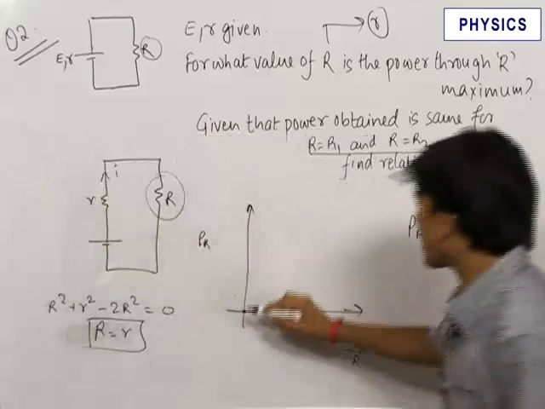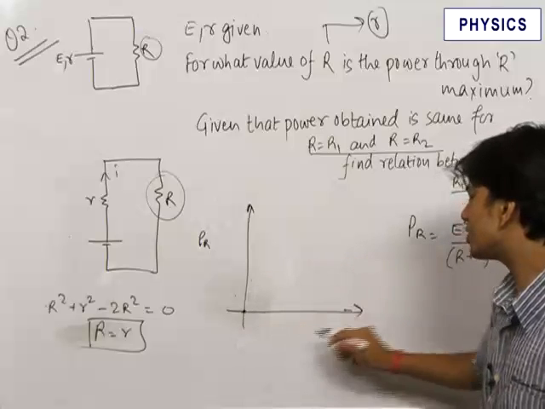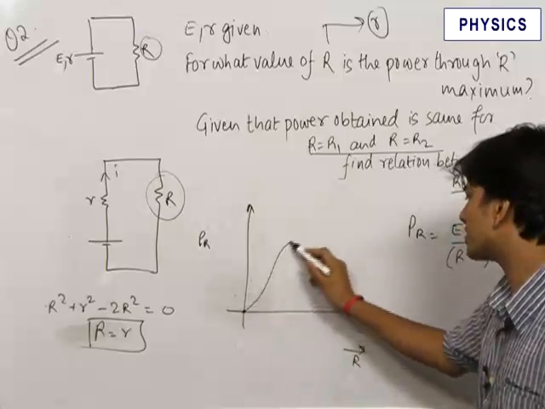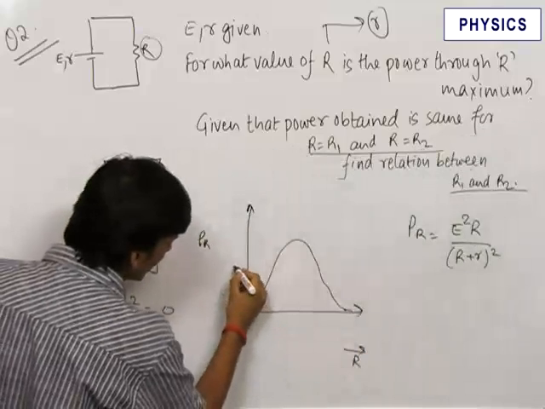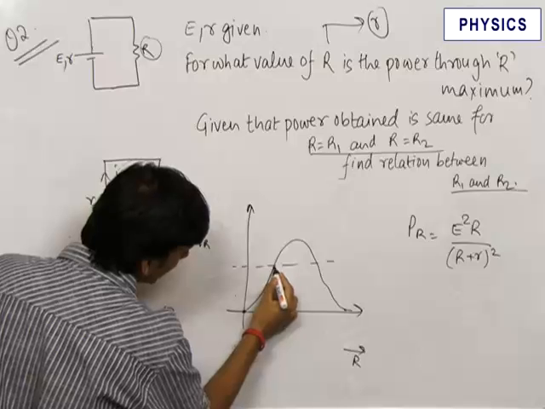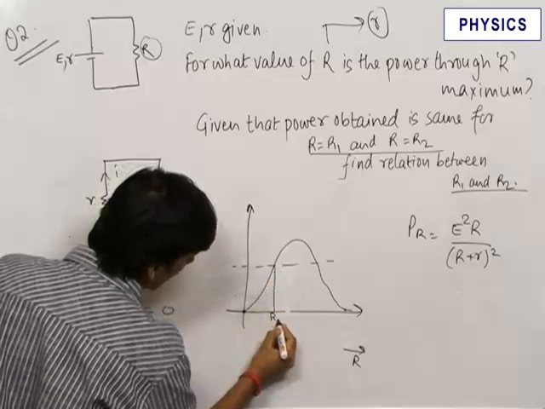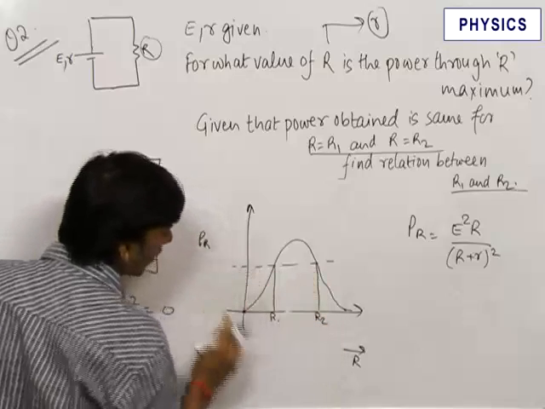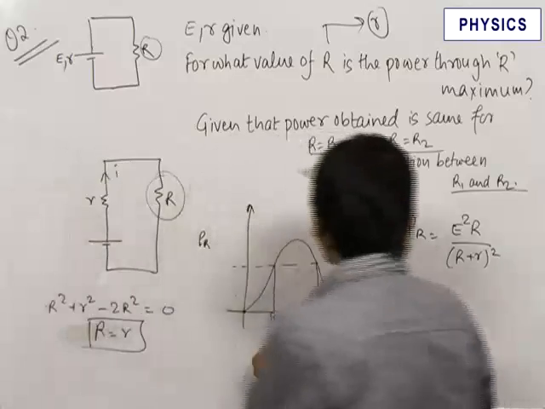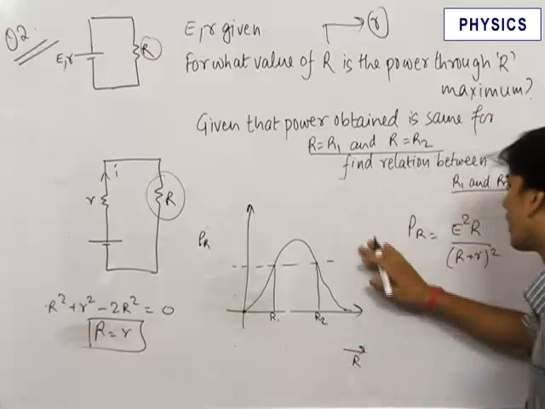Therefore there must be a maxima in between. The graph actually comes out something like this. Therefore we see that there are two values of R, that is R1 and R2, for which the power is same. Therefore we need to find out the relation between these two values R1 and R2.